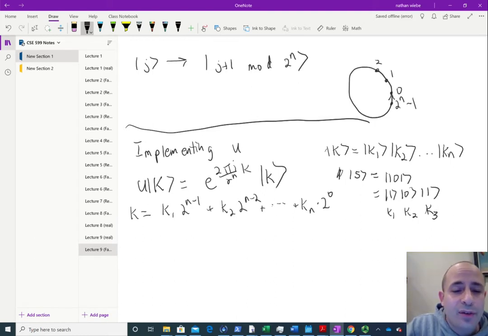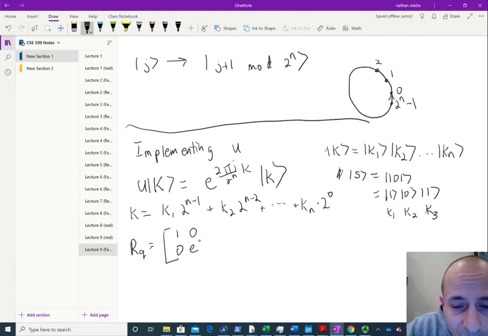So now, let's define another operator. I'm going to define an operator R_q for any q to be equal to the following: 1, 0, 0, e to the 2 pi i divided by 2 to the n times q.